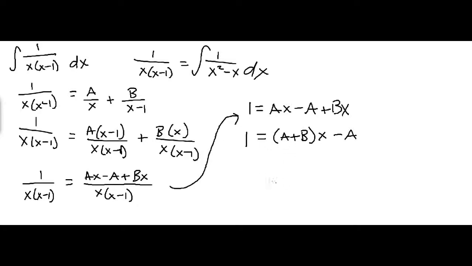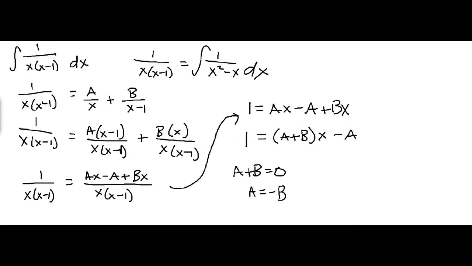If you notice, on the left-hand side we have no x term. What that tells us is that a plus b has to equal 0, because there are no x's on the left side, so on the right side we can't have any x's either. Then we can simplify this a little bit more, and we'll get a equals minus b.